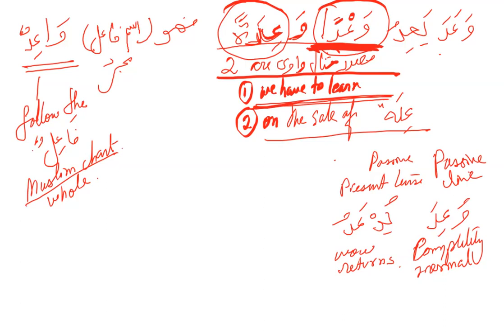Tu'adina, tu'adani, tu'adna. Excellent. U'adu, nu'adu. Excellent. So the only change that happened was that the waw returned, and the rest of the changes that are happening in the mudare letter and at the ending remain normal.